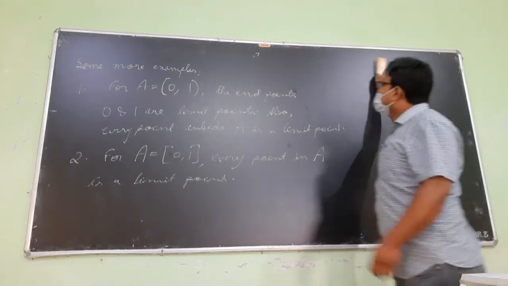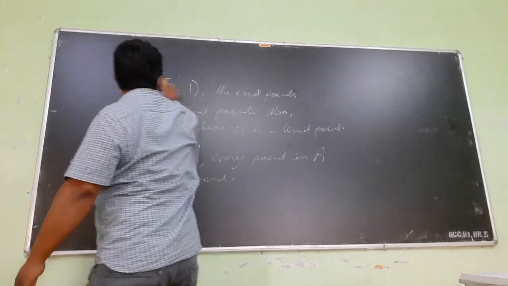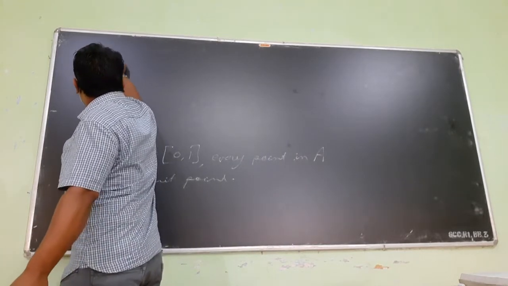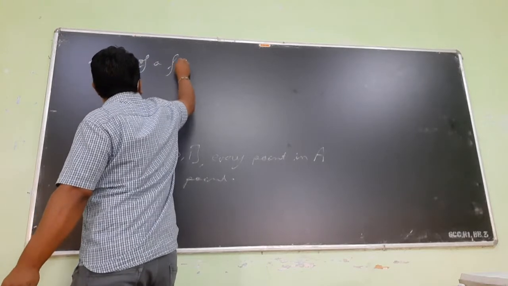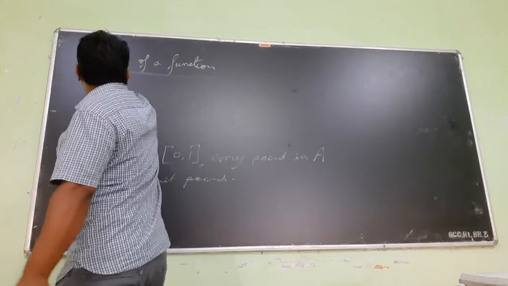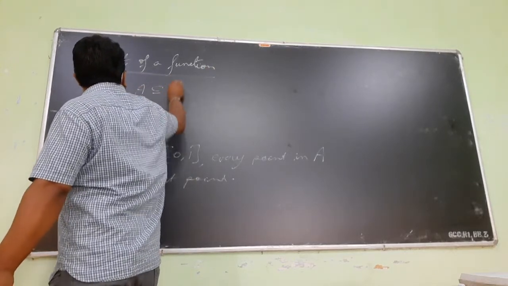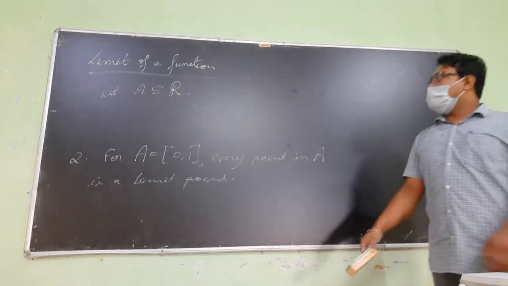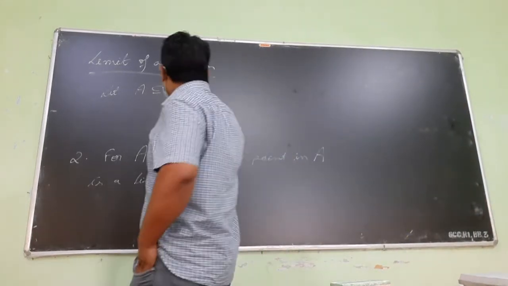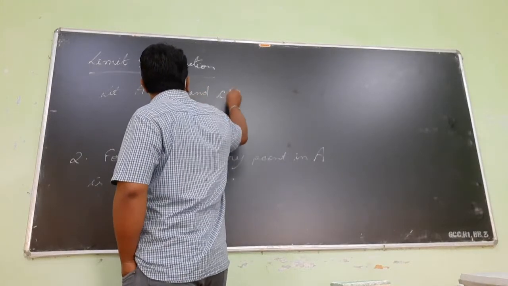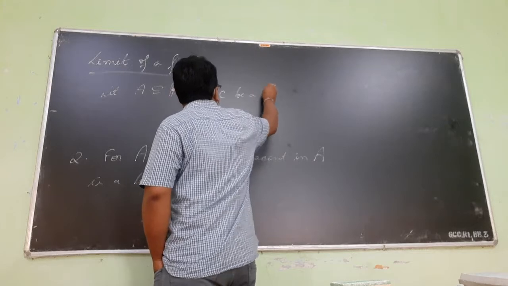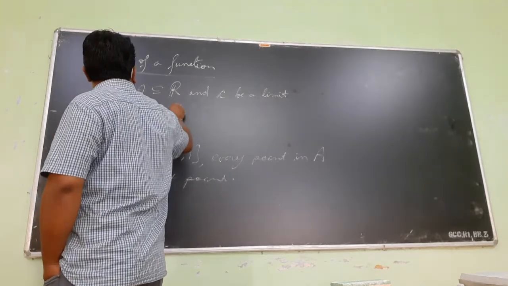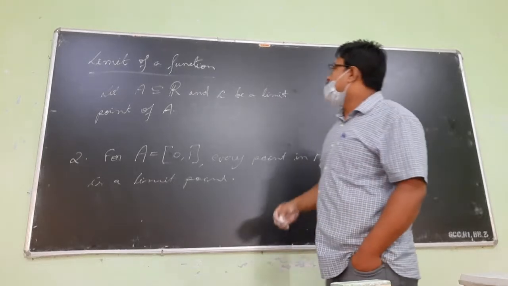Let A be a subset of R. So we are considering only real functions, functions defined on subsets of R and having real values. Let A be a subset of R and C be a limit point of A.